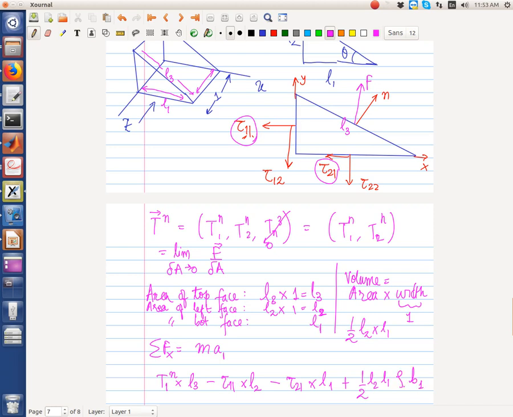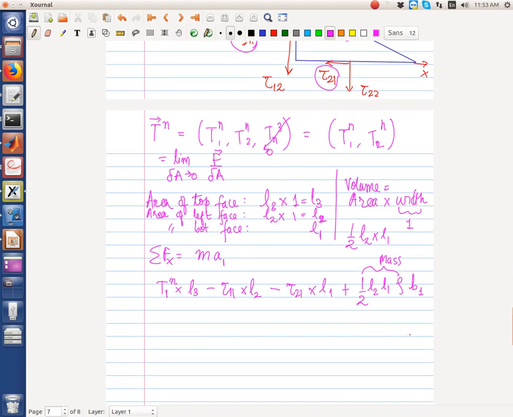So we recall that the body force is equal to the mass of the system. So this thing becomes the mass because it is density multiplied by the volume times B1. B1 is the volume force per unit mass. So this should be equal to half L1 L2 rho into A1, mass into acceleration. Okay.